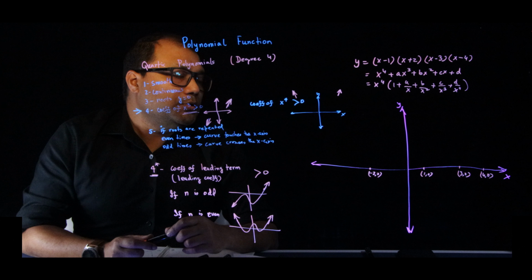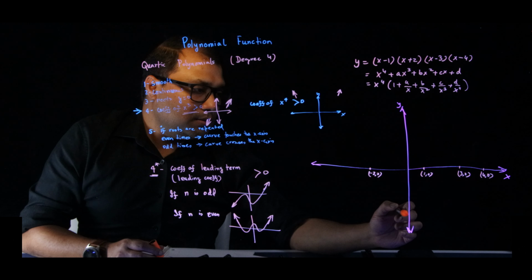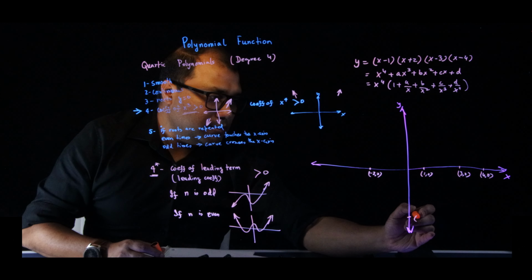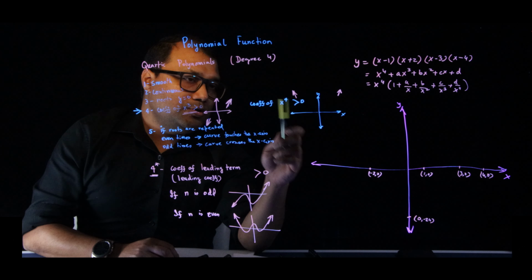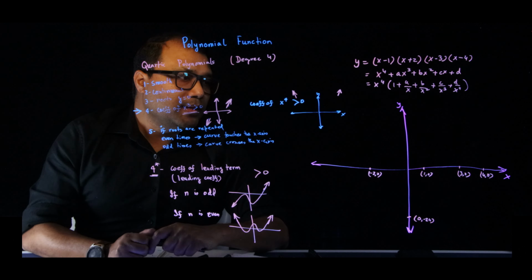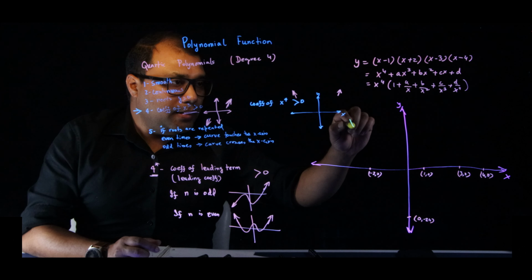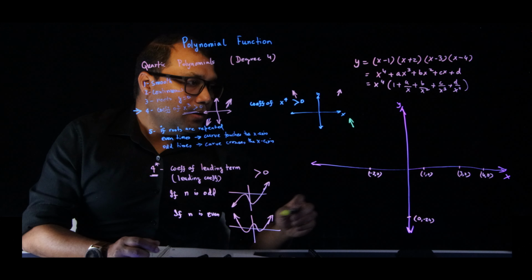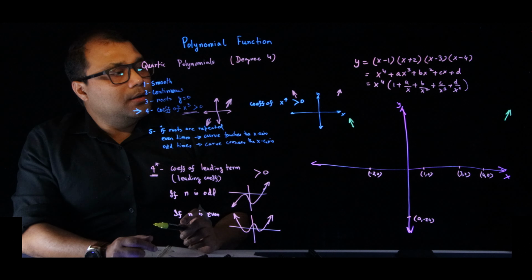When x equals 0, how much is y? It's a minus number, let's say minus 24. Now the coefficient of x to the power 4 is greater than 0. Yes, that's true. Then the graph will end up here, and here it will end up like this.